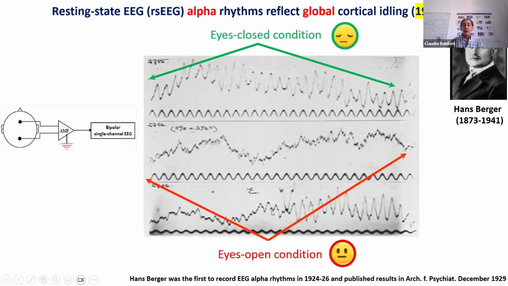At a given time, Hans Berger asked the participant again to close the eyes.